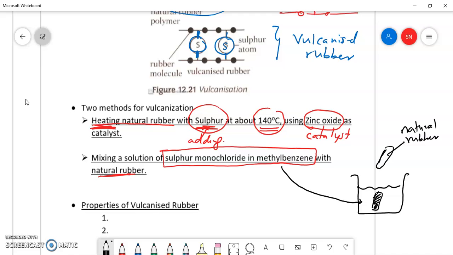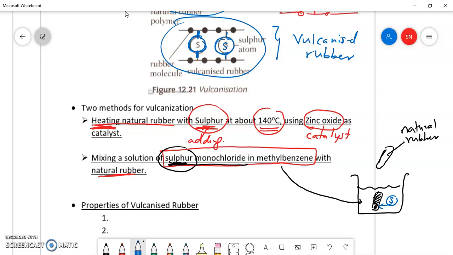Because of the chemical formula of the solution, sulfur monochloride has sulfur in it, and the sulfur from the solution will be absorbed by the rubber. That is our idea, because we want the sulfur to be absorbed into the rubber to form the cross links.